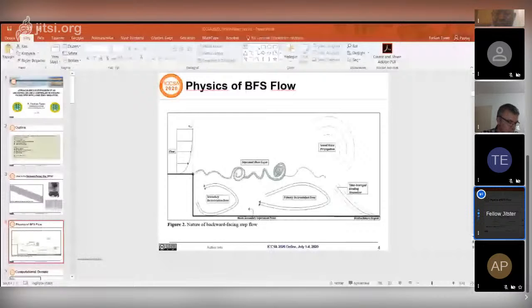When we talk about results and discussion, we have 3 different stations, extracted at x divided by h equal to 4, 6, and 8, and h was equal to 0.025 meter. I just wanted to remind you of that. All stations give significantly good results when the velocity is compared with the experimental study, and it's shown in this graphic.